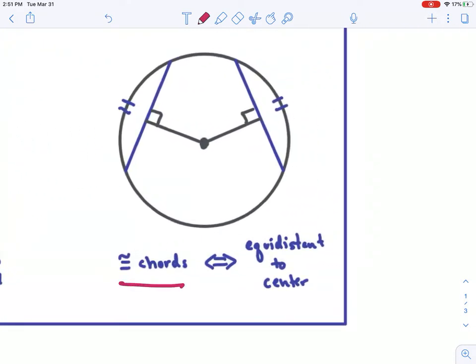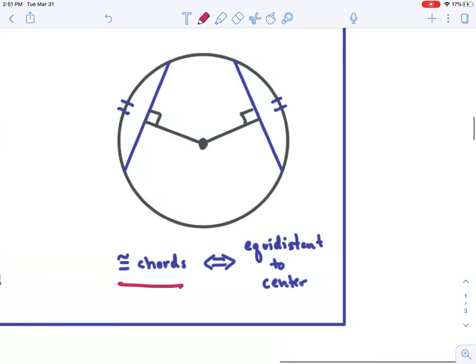One more to prove. The chords are congruent. Given that the chords are congruent, and again I drew in that the arcs are congruent just because I thought the picture was too messy with the chords being drawn in there. Prove that it's equidistant to the center. So prove that those 2 marks are there like that. Again, can you draw in?